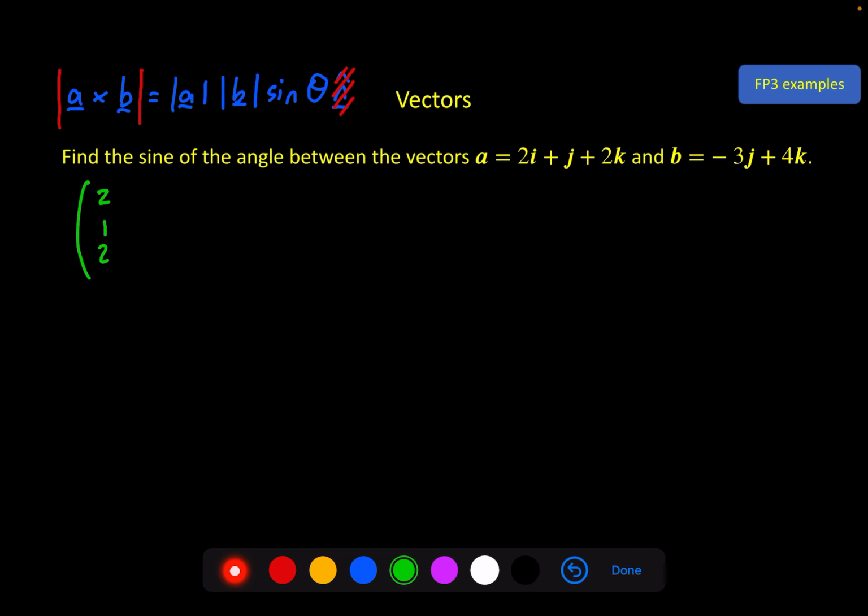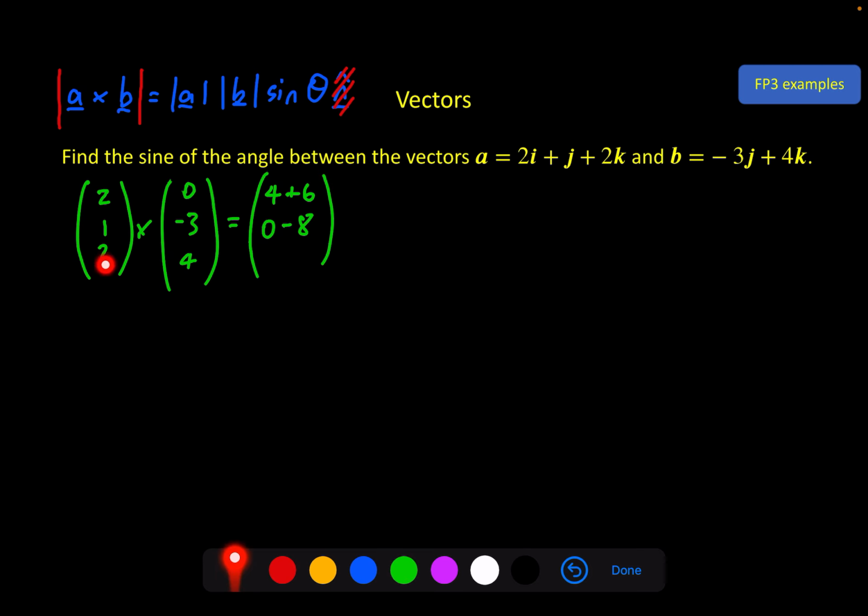2, 1, 2 cross 0, minus 3, 4. Top element is 4 minus 6. Middle element 0 minus 8. And the bottom element minus 6 minus 0.